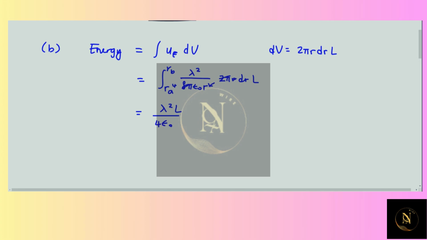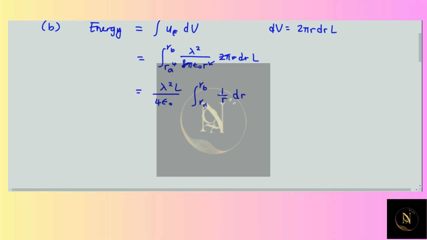One of the r cancels, so you integrate from RA to RB, 1 over r dr. The cancellation actually gives us 4 pi: you cancel one of the pi, cancel the 8, you get 4.